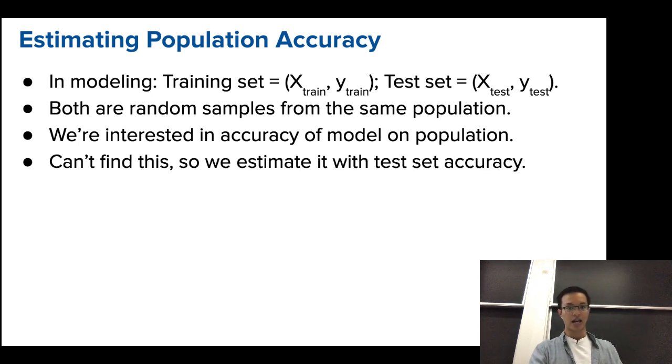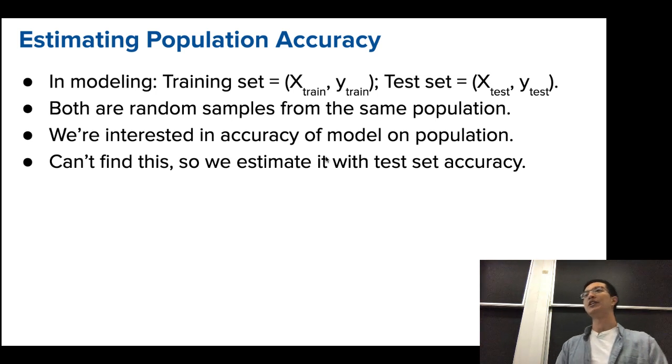The problem here is that we can't know this. We can't know the accuracy of the model on the population unless we have the population, but we can estimate the accuracy of the model on the population via the test set accuracy.